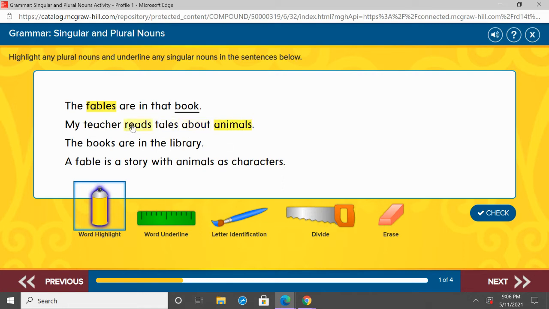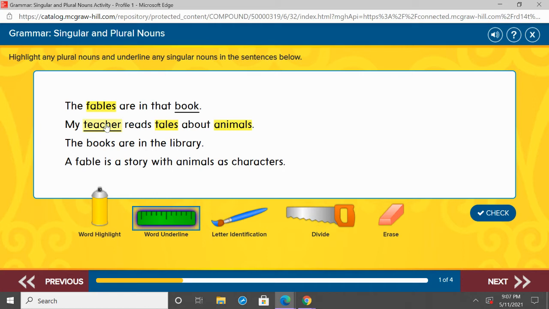And I see tales, and it's talking about more than one, so that has an S. And then we have teacher, but wait, that's only talking about one teacher. So that's singular.